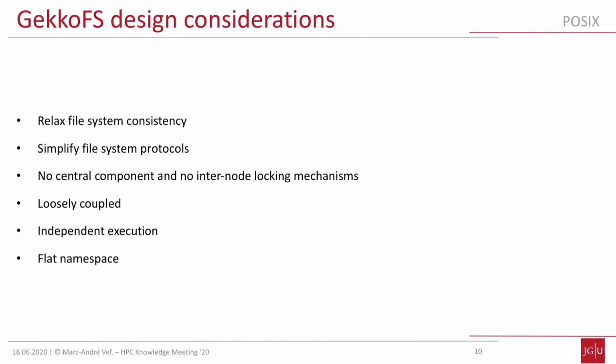This is because usually storage nodes need to coordinate with each other in some form, which can cause operations to be delayed and ultimately cause scalability issues. When we relax file system consistency, we can simplify file system protocols and also have no central component, and therefore no internode locking mechanisms that would slow down the file system.